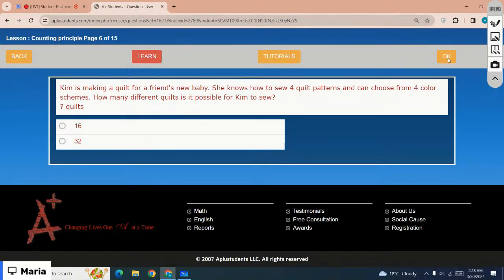Kim is making a quilt for a friend's new baby. She knows how to sew four quilt patterns and can choose from four color schemes. How many different quilts is it possible for Kim to sew?